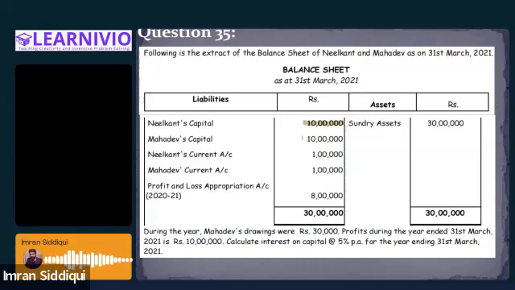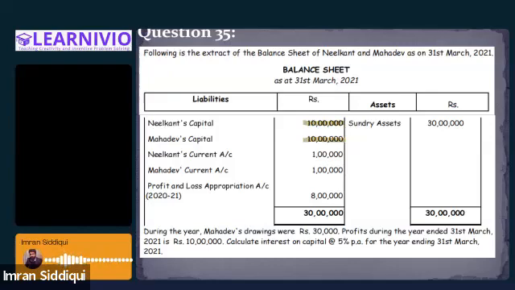But since this firm must have been maintaining its accounts by the fixed capital method, the capital balance will remain the same: the opening balance and the closing balance will be the same. So we'll simply calculate interest on capital on the given balance of 10 lakh only. It is not affected by the drawings or the profit. Only the current account balance will get affected, and we don't calculate interest on capital on the current account balance. We just calculate it on the capital balance.